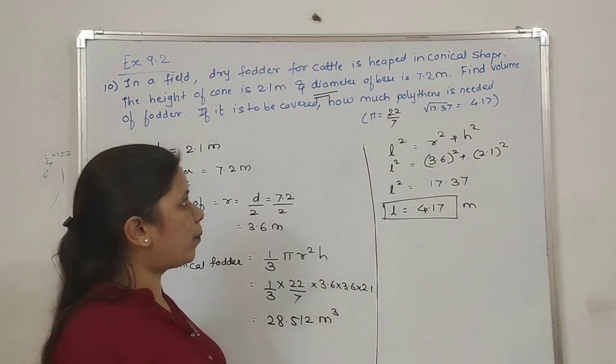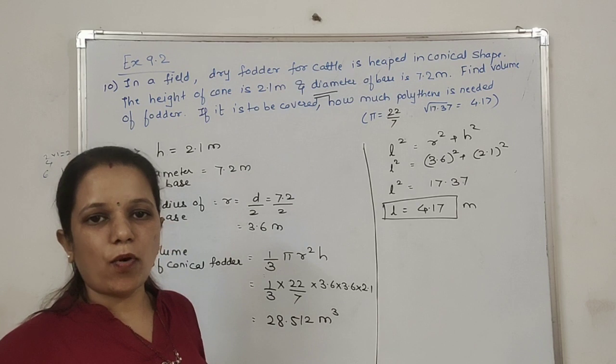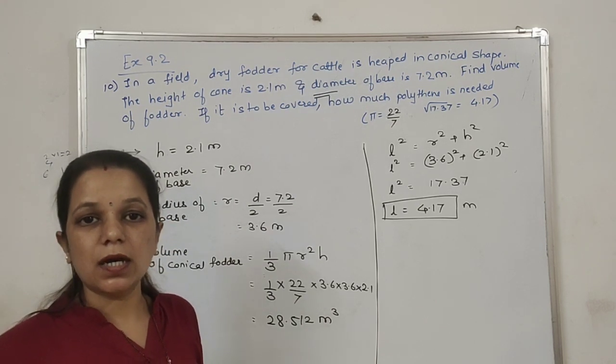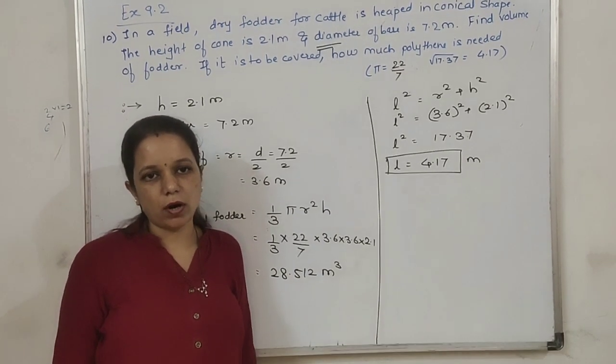Now the last part, to cover it. The polythene required means we need to calculate the curved surface area of the conical fodder.